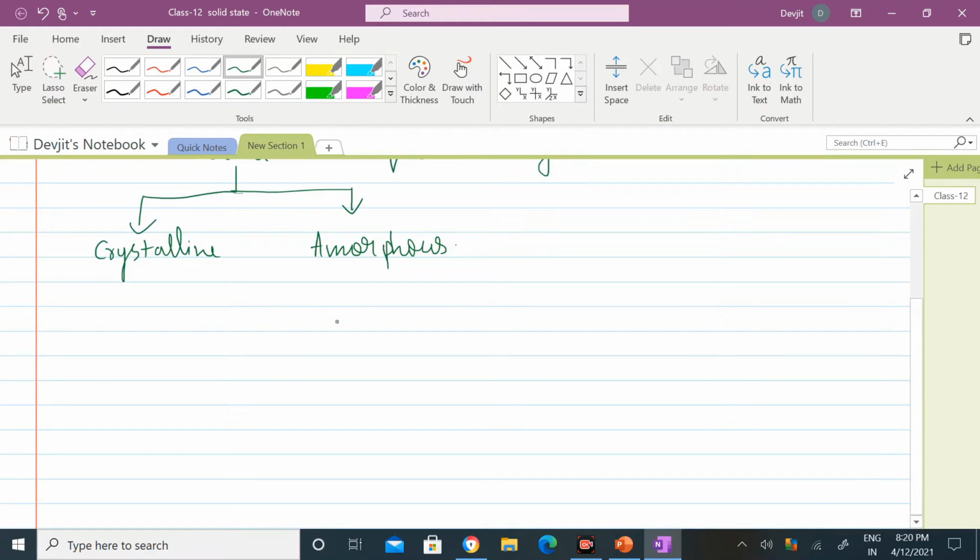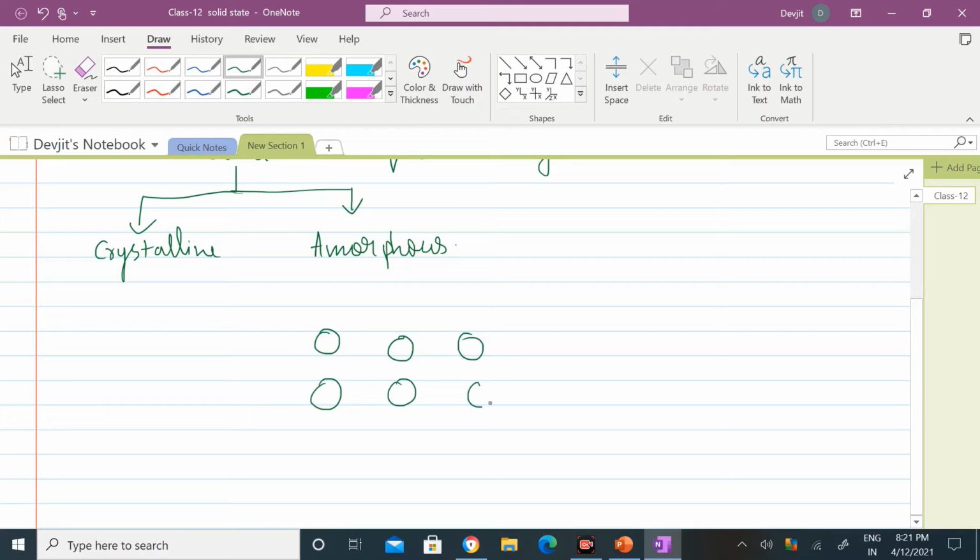Now we have to understand what is a crystalline solid and what is an amorphous solid. So my children, I'm drawing a picture so that you can understand. I'm giving you a scenario. Like you people are standing in a morning prayer in school. You will be standing in a queue in a particular pattern.